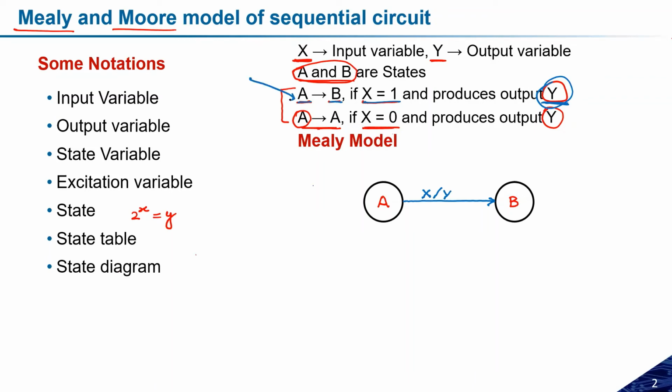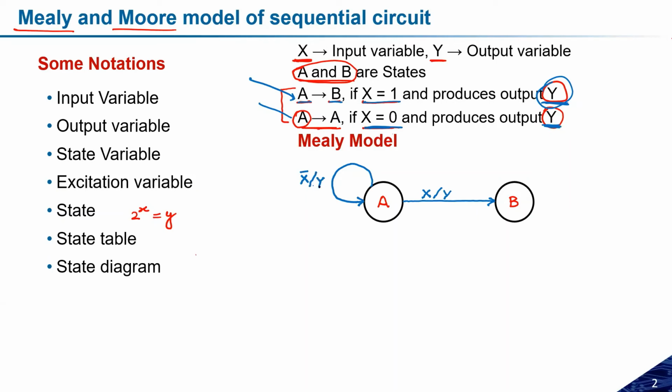Now let us talk about the representation for the second case. Initially the state is A, and the state is not going to change. It is going to be the same. There is no change in the state. It was A, and it is going to be A only, and the condition for input is x equal to 0, so we can call it x complement, and that is producing output y, so x complement slash y.